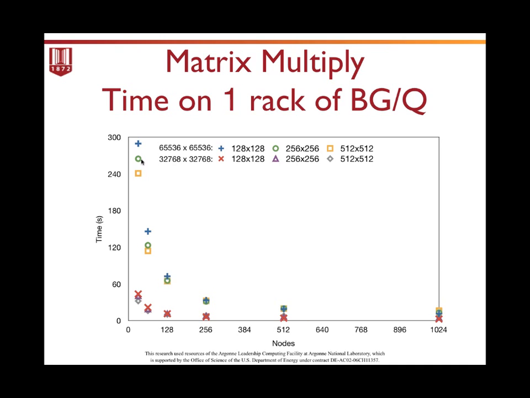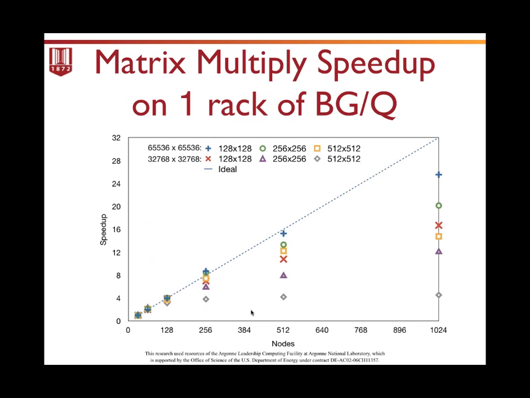The times actually go down quite significantly as you increase nodes. And you can see the speed up here on the next slide. So the best performance was the smaller 65K by 65K matrix multiply. If you notice this one down here, the 512 by 512 for the 32K by 32K doesn't seem to scale very well.